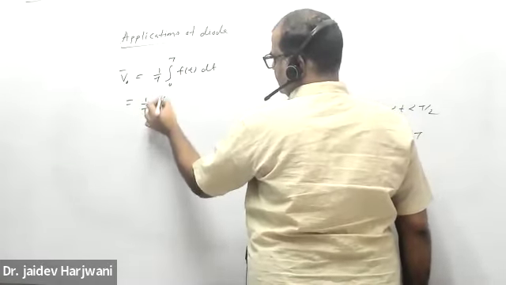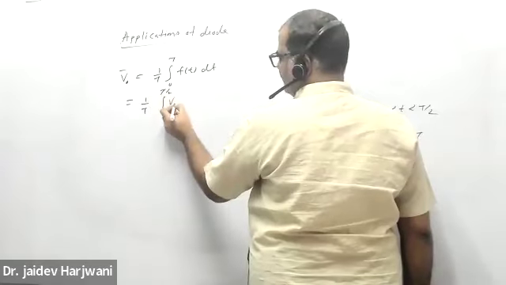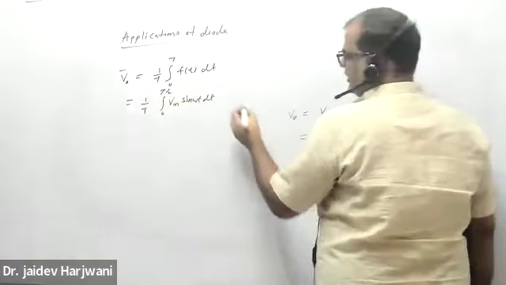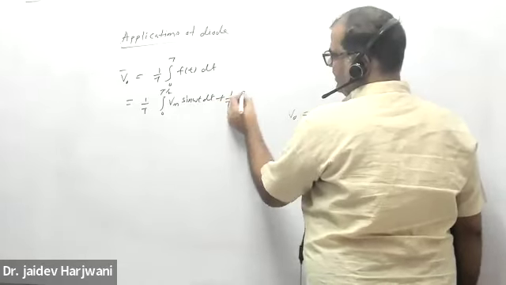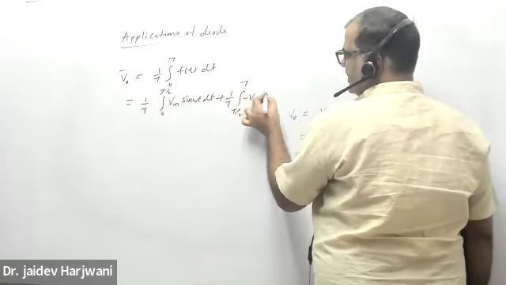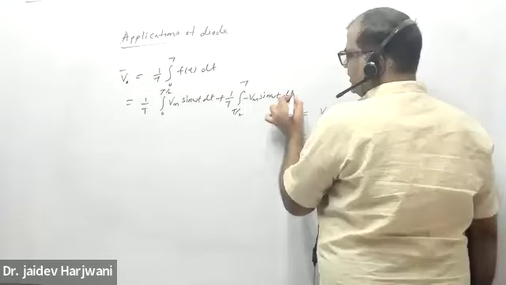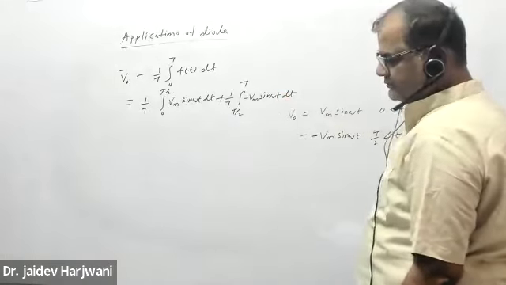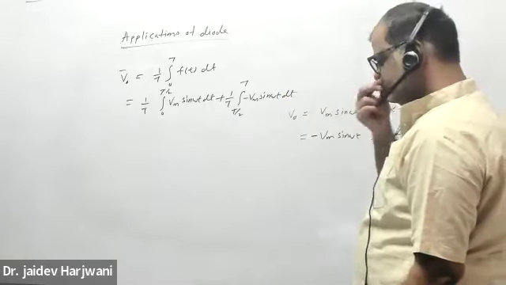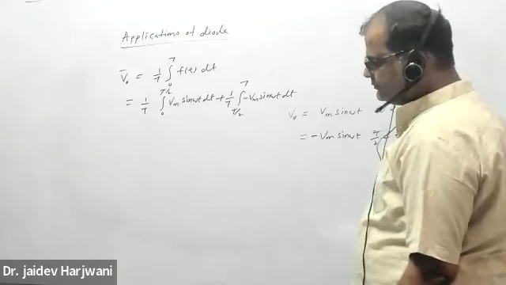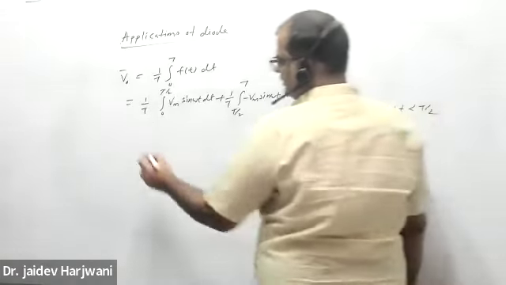For 0 to T by 2, my f(t) is Vm sine omega t dt, and for T by 2 to T, 1 by T, this is minus Vm sine omega t dt. So now solve this one.